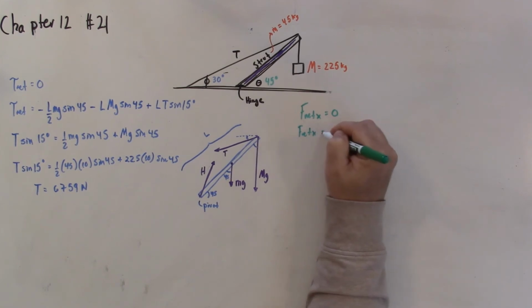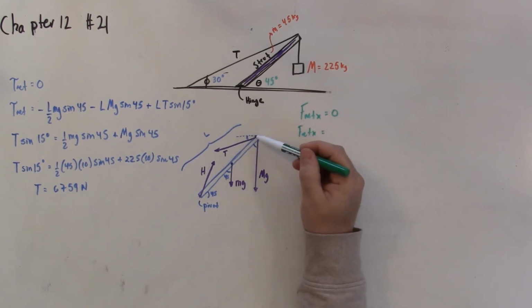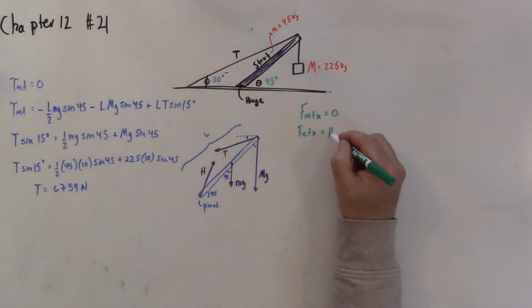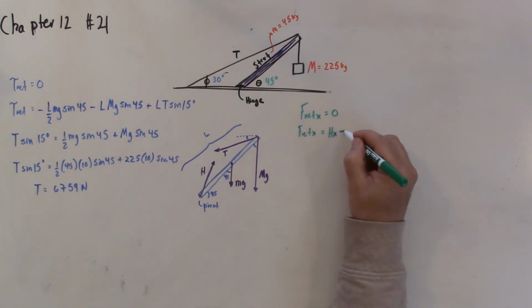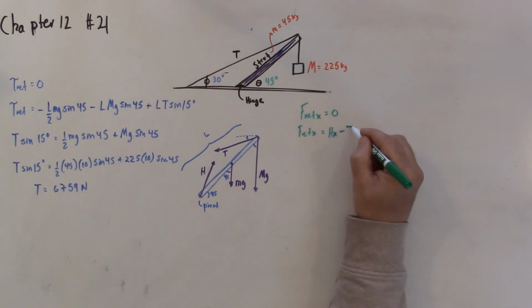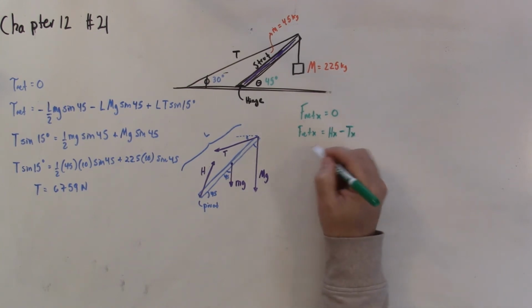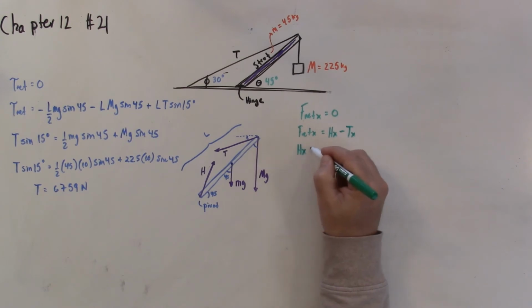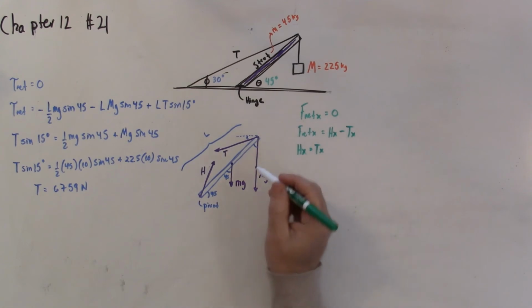The net forces in the x direction are the hinge force in the x direction, we're going to call it hx, and then the only thing opposite of that is the tension in the x direction. Therefore, if you set these equal, the hinge in the x direction is equal to the tension in the x direction. But let's come up here and look at that.